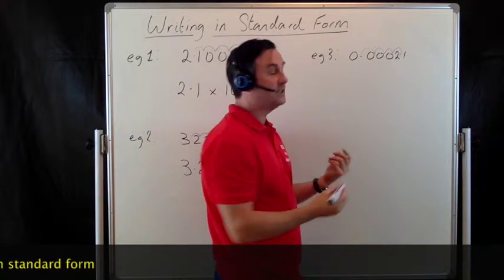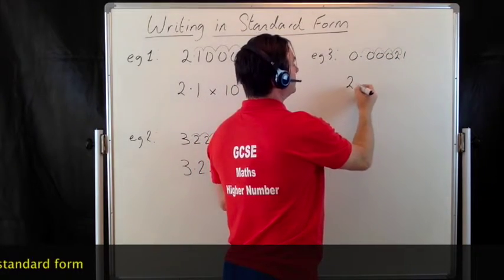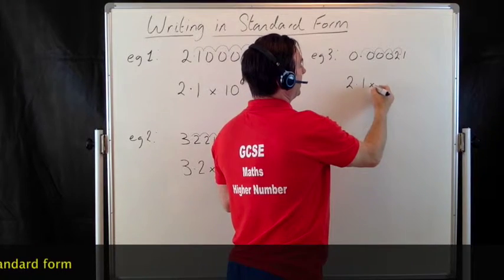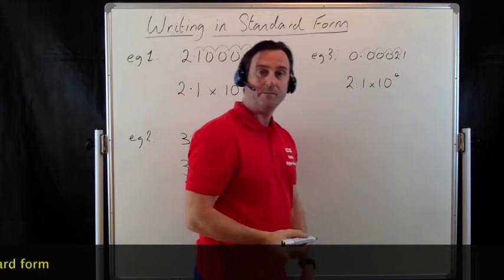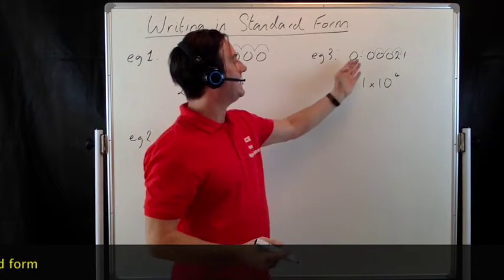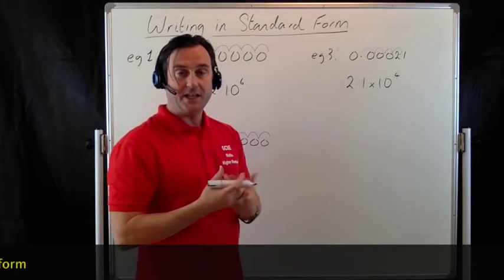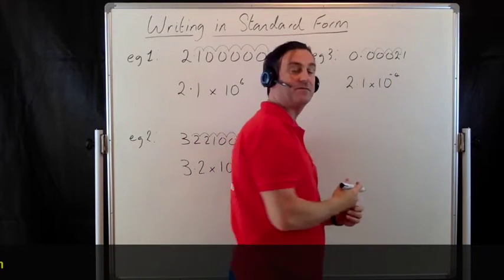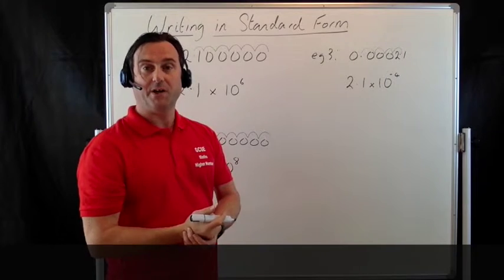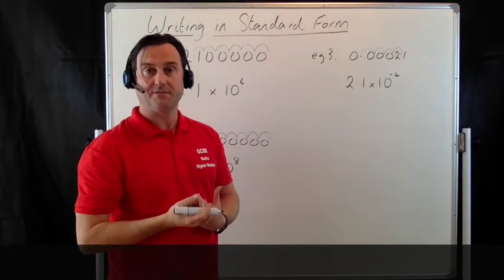We've moved it 4 places. We write down 2.1, and then we're going to times it by 10 to the power of 4. However, because this is a small number, less than 1, this becomes a negative power. So it's 2.1 times 10 to the negative 4.